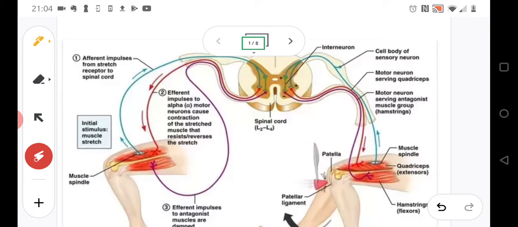So we have more impulses getting from the muscle to the spinal cord the longer and more elongated the muscle is. Yes? So when we stretch the muscle, we get it elongated, and more information would be getting to the spinal cord.